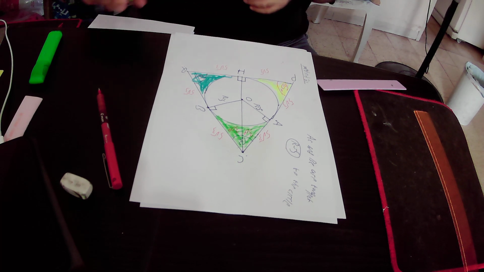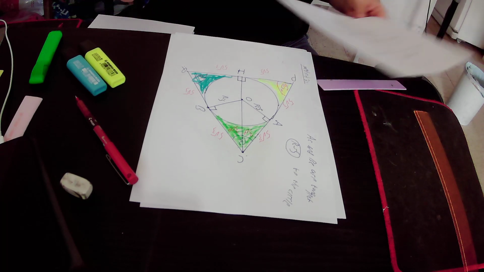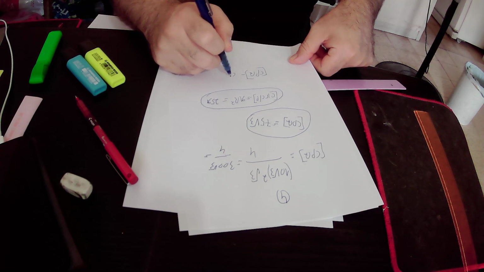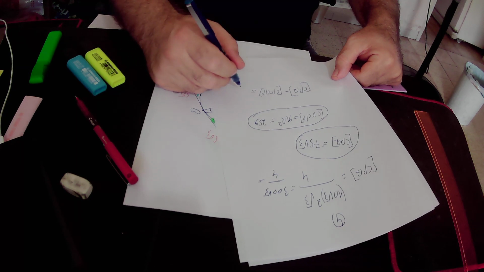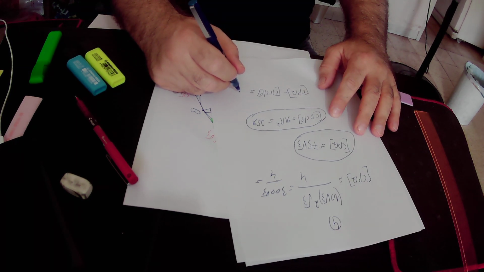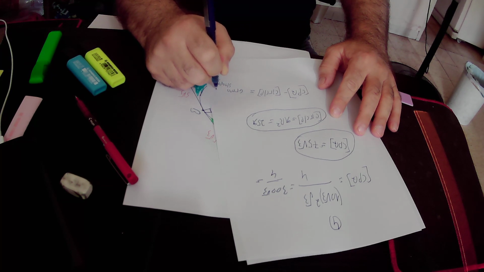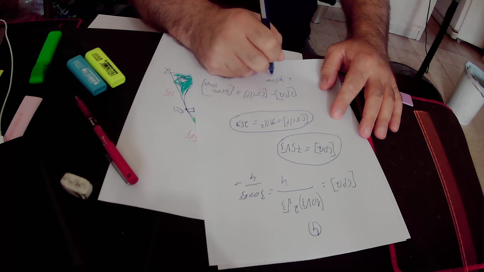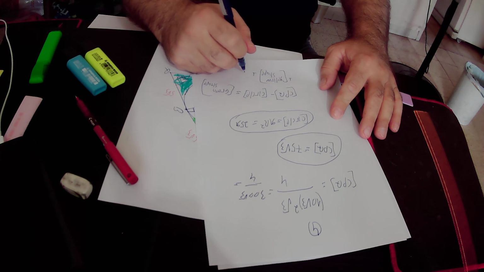Okay, so we write it down. The area of triangle CPQ minus the area of the circle equals the area of the green shape plus the area of the yellow shape plus the area of the blue shape.